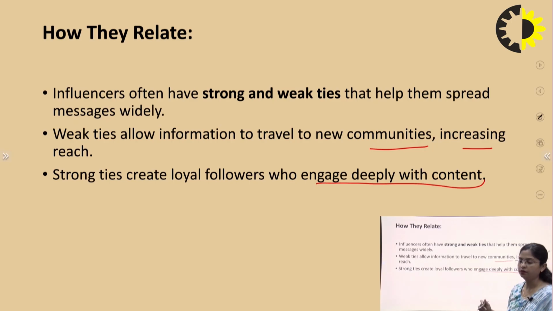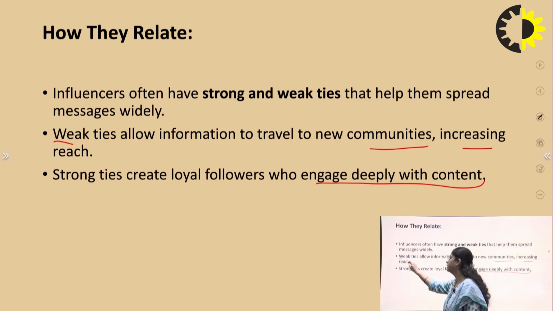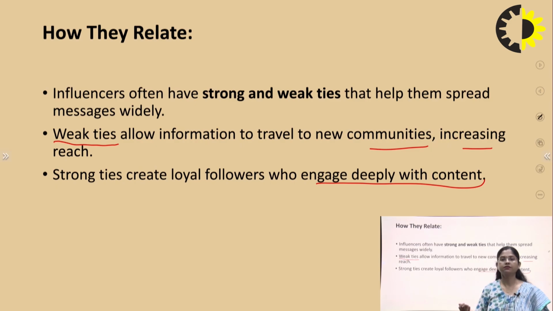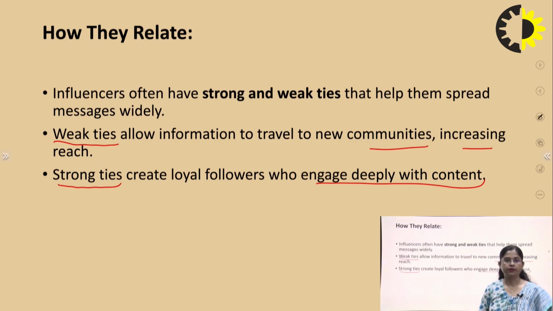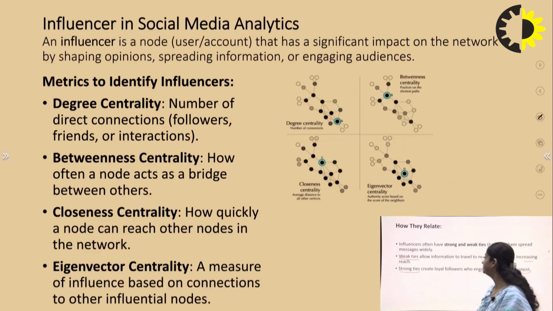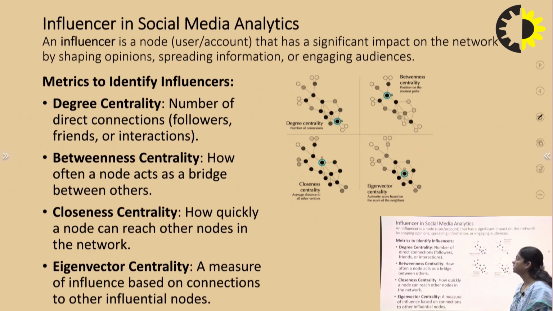For example, some senior citizens are not very active in different social media networks, so we can connect them through the weak tie. And the youngsters are very frequent users of Facebook, etc., so we can connect them through the strong tie. Next, influencer in social media analytics.